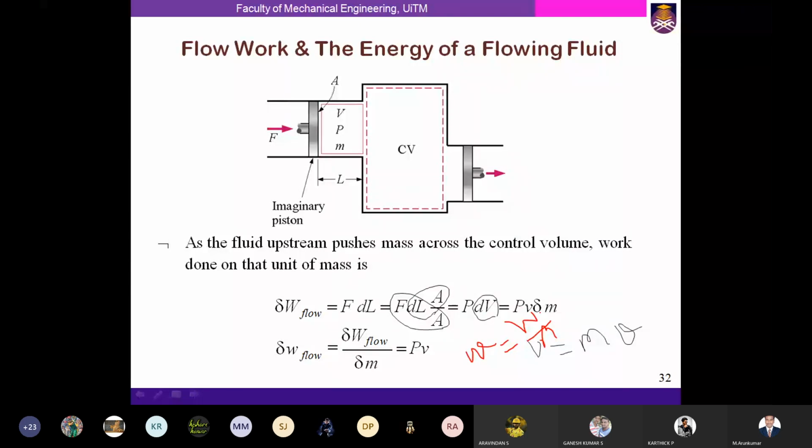So we can bring this here: capital W by small m will be equal to the remaining portion, P into v. The thing is, the specific work done will be equal to capital P into small v, so pressure into specific volume.